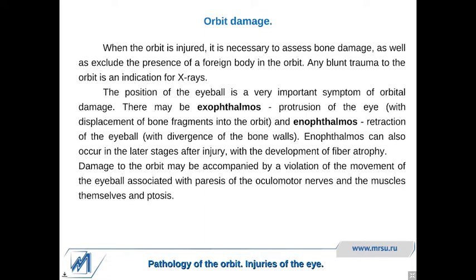Enophthalmos can also occur in the later stages after injury, with the development of fiber atrophy. Damage to the orbit may be accompanied by violation of the movement of the eyeball associated with paresis of the oculomotor nerves and the muscles themselves, and ptosis.